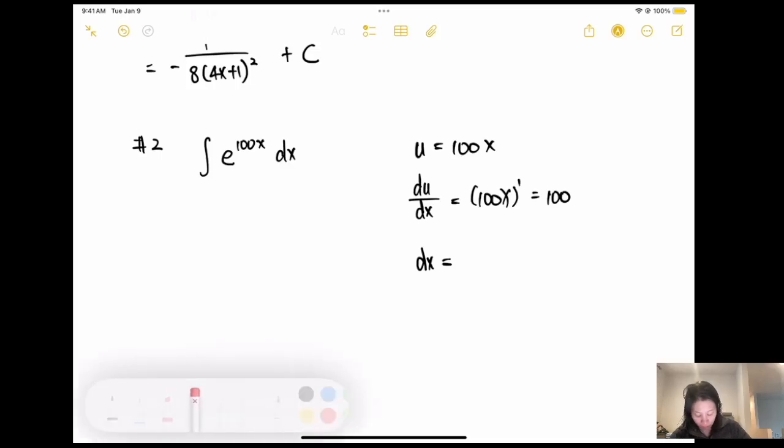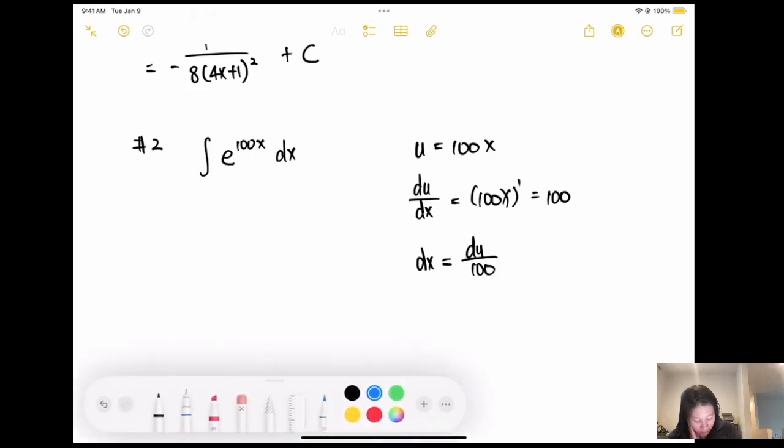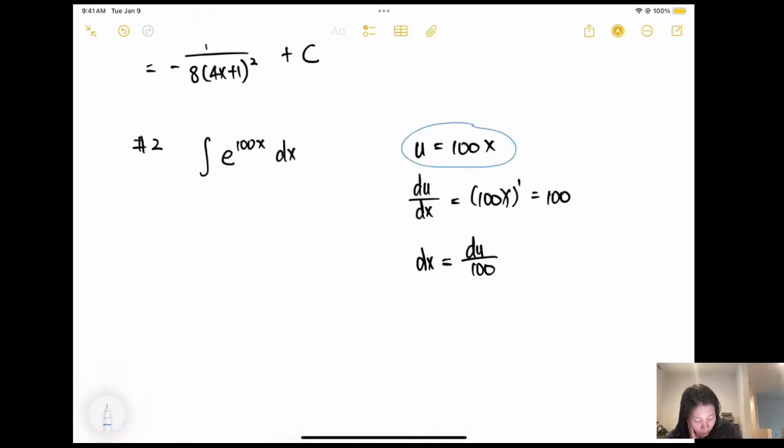So here we get dx equals du over 100. Now, we need to substitute u for 100x, and then dx in here.